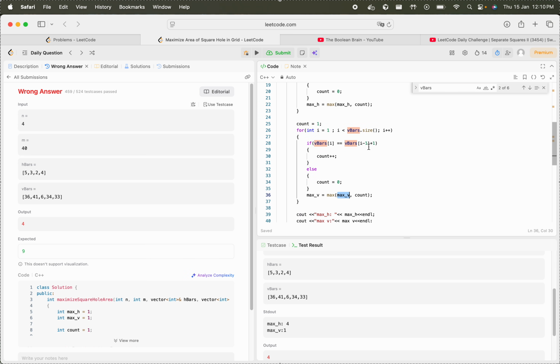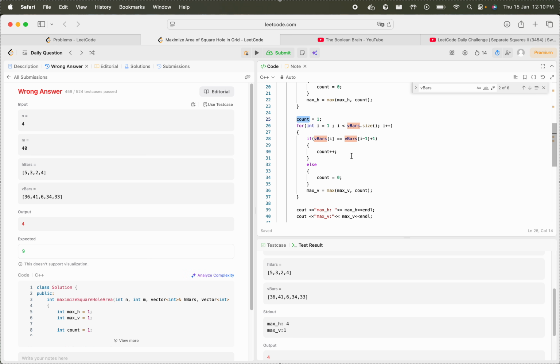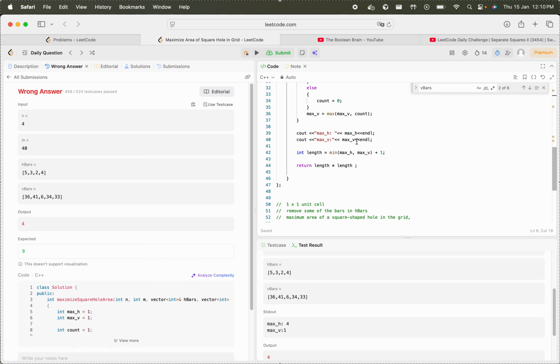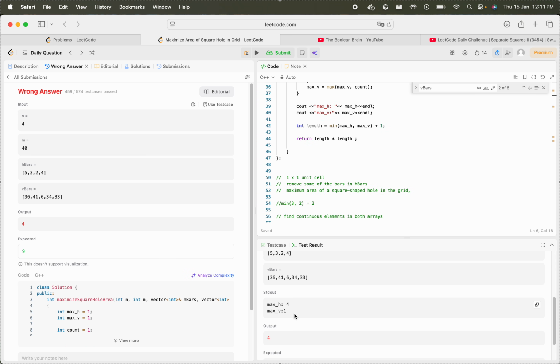And if the current v bar is exactly equal to previous plus 1, we increase the count, else it is reset here, and max v is equal to max v initially it's assigned to 1, and minimum of that, minimum of 1 plus 1 is 2.